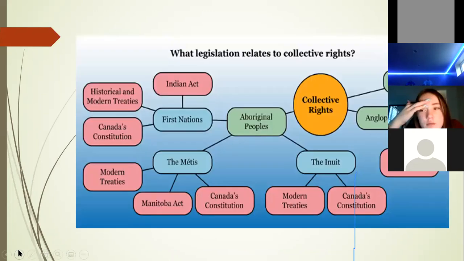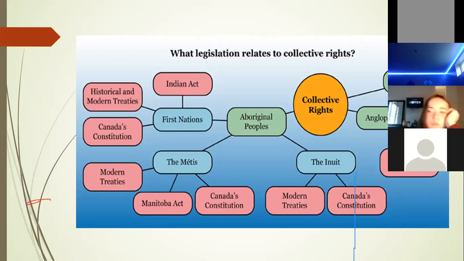Now, in Canada, there are 3 groups of people that have collective rights that are guaranteed by law, okay? They're the Francophones, the Anglophones, and our Aboriginal peoples. These 3 groups have collective rights that are outlined for them in certain pieces of legislation.